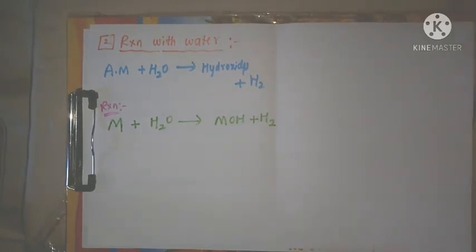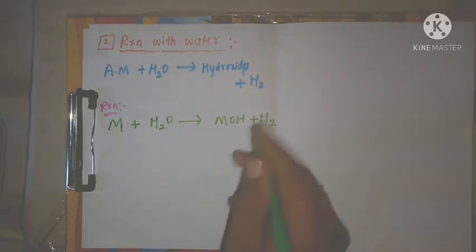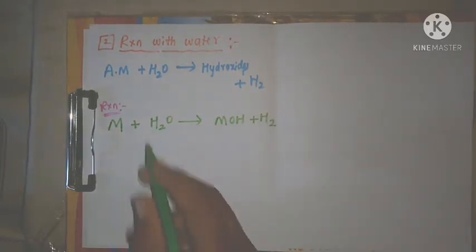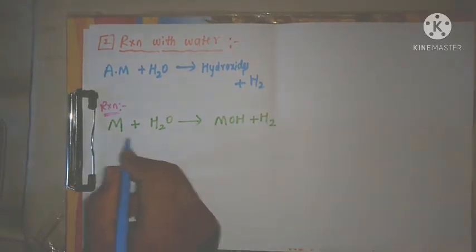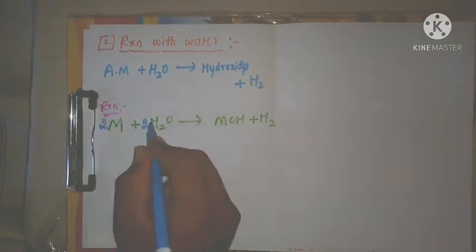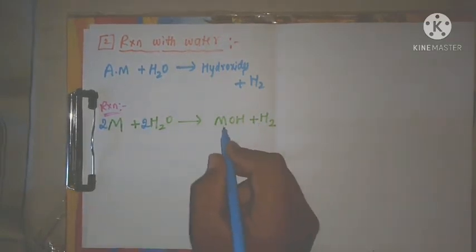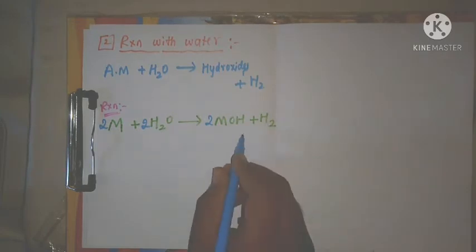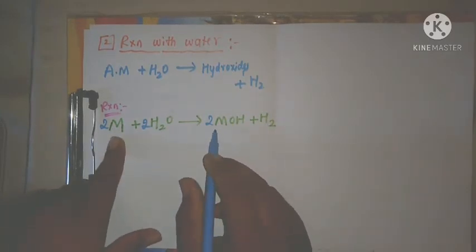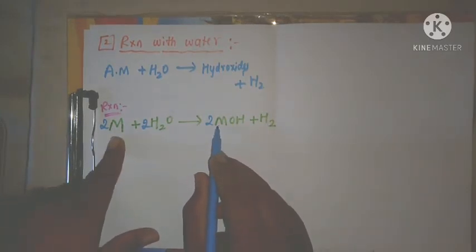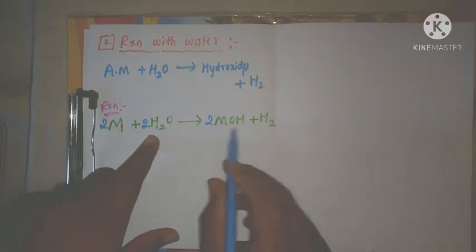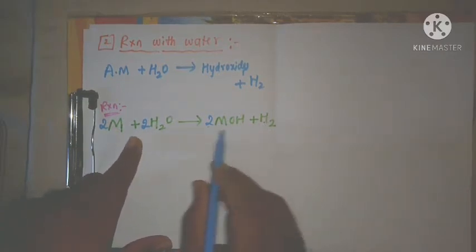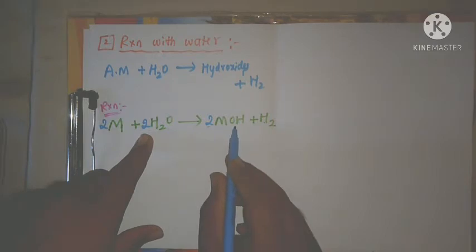It is not balanced yet: there are 3 hydrogens on one side and 2 on the other. For balancing I multiply by 2, giving 2 MOH. Now it is balanced: 2 alkali metal atoms on each side, 4 hydrogens, and 2 oxygen atoms.